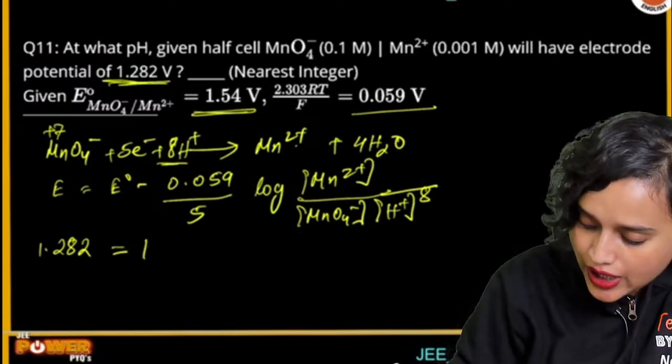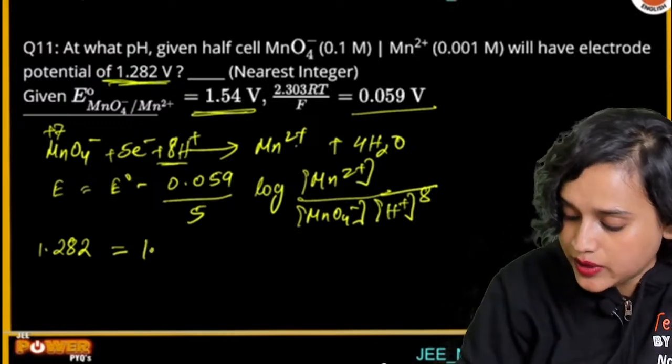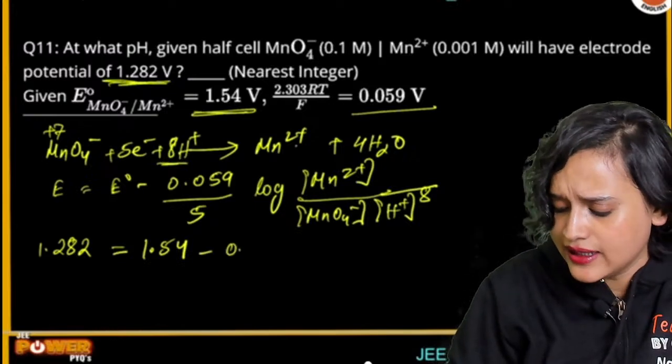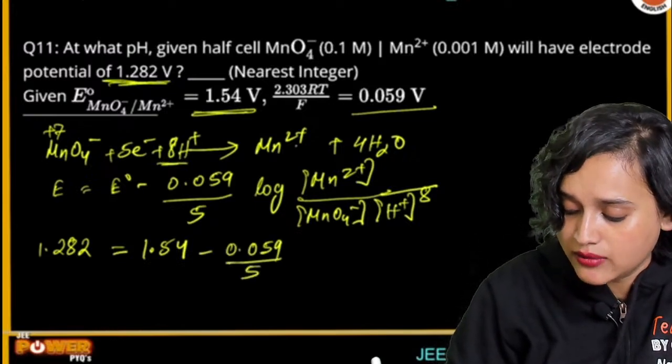Sorry, guys, let me drink some water. So write it down here: E naught value will become 1.54 minus 0.059 divided by 5.